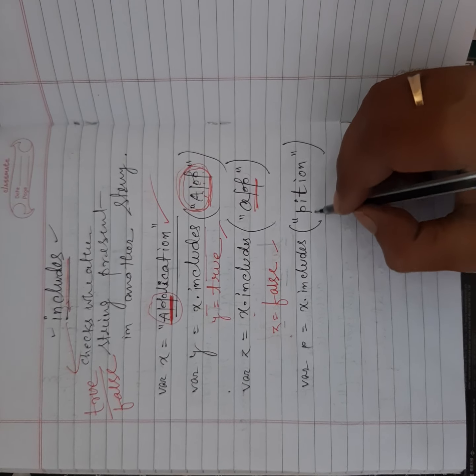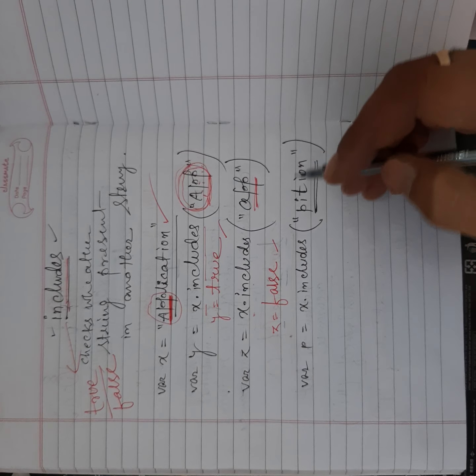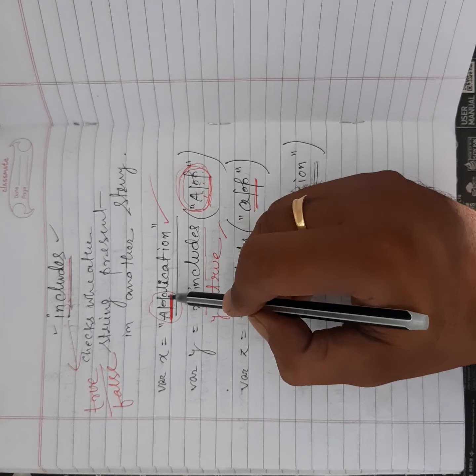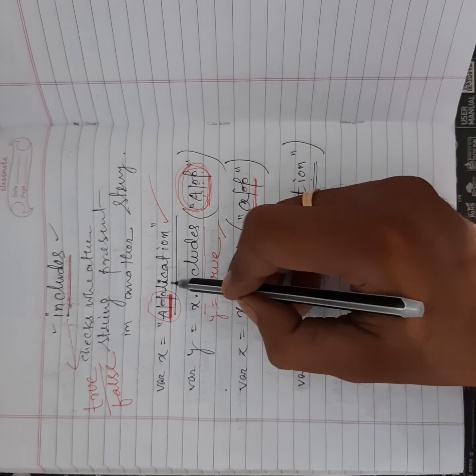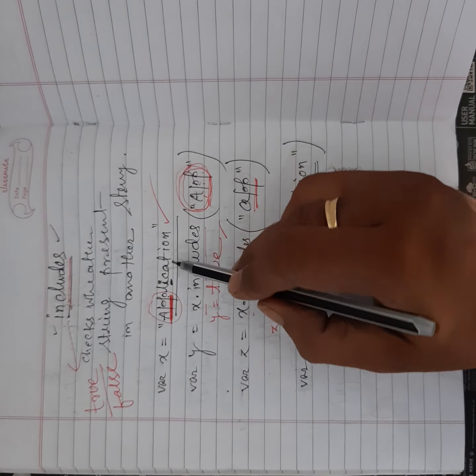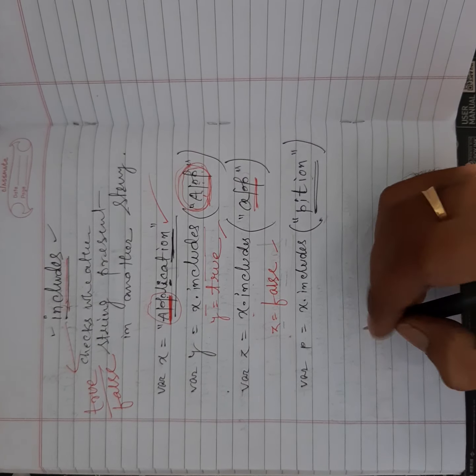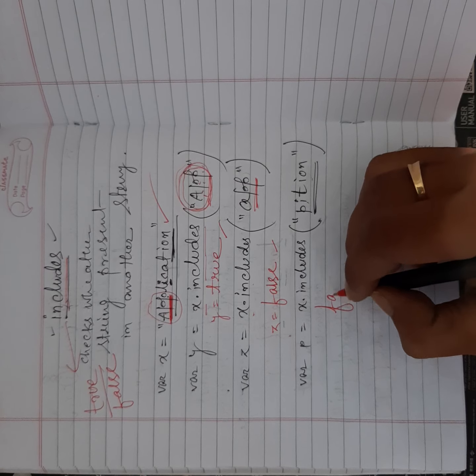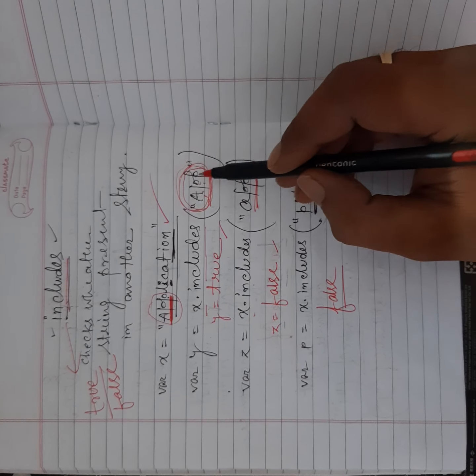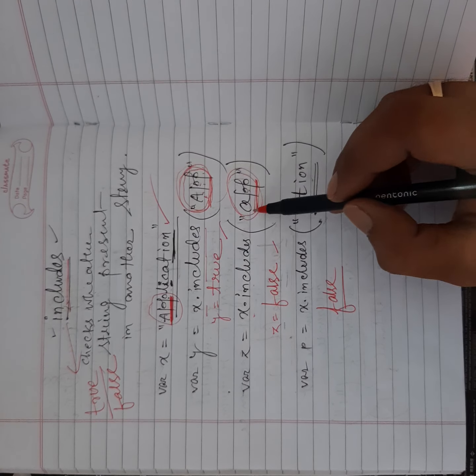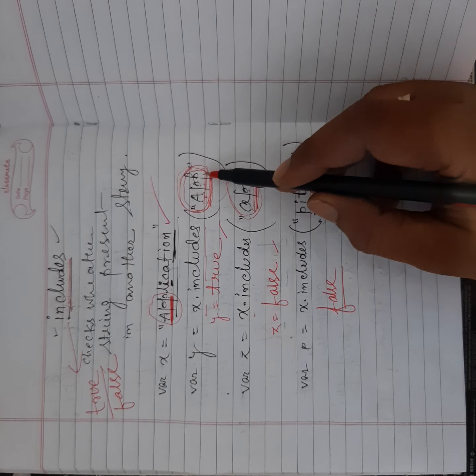Suppose this is the string to be searched for, to check whether it is present. We can see P is present here, I is also present here after one letter, and this TION is present at the last position. So in this case also it will simply give false. As I told, when we are checking whether a string is part of another string, it should be present consecutively, means on a continuous basis.